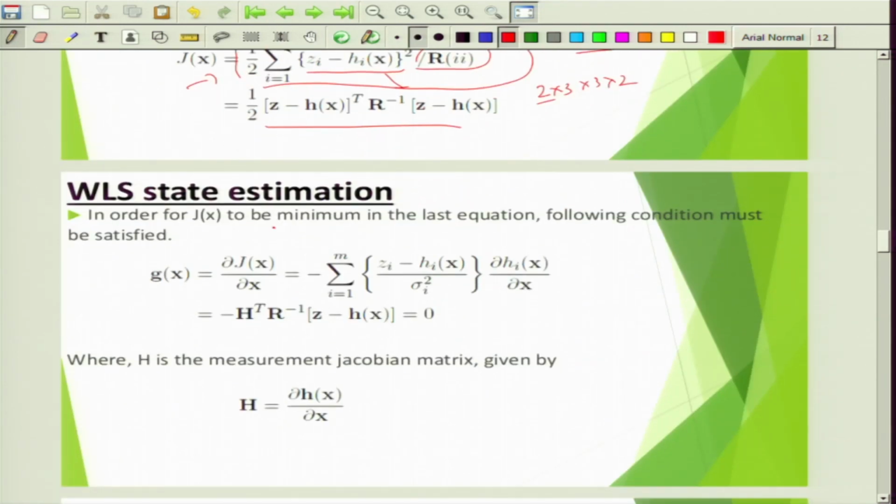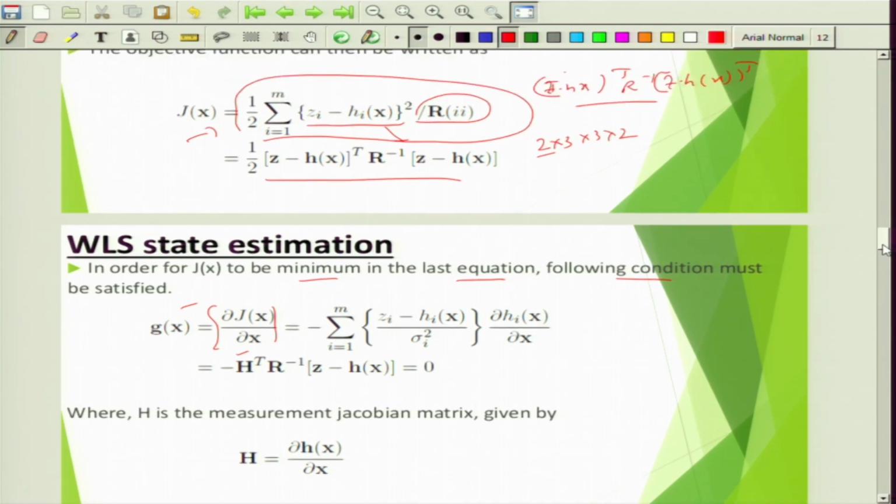In order for J of x to be minimum in the last equation, the following condition must be satisfied. You differentiate J of x with respect to x, because we are minimizing it. So you differentiate the previous expression with respect to x.